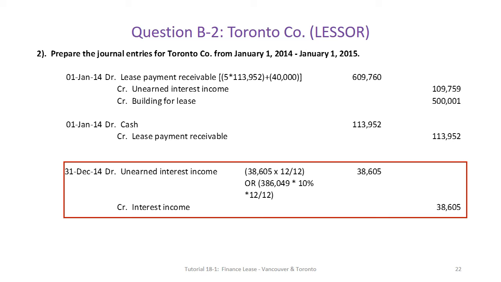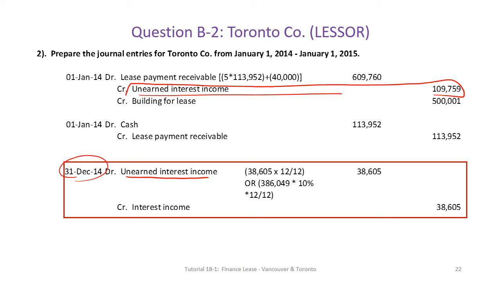Then at the end of December 31st, the lessor calculates how much of its unearned interest income it can earn, because it has to turn that into earned income. It'll take the 386,049 times 10%, which is the balance, giving us 38,605, and that is how much can be earned as revenue in the period.